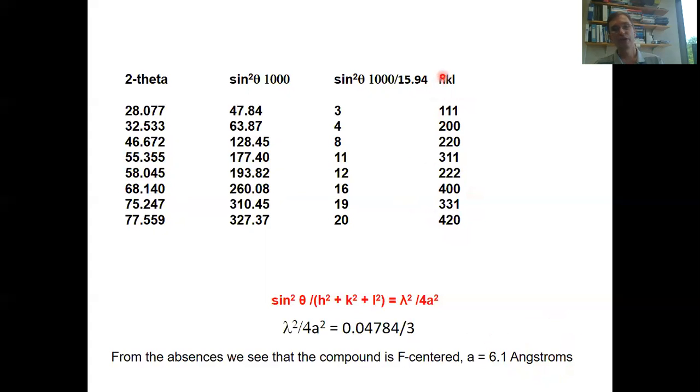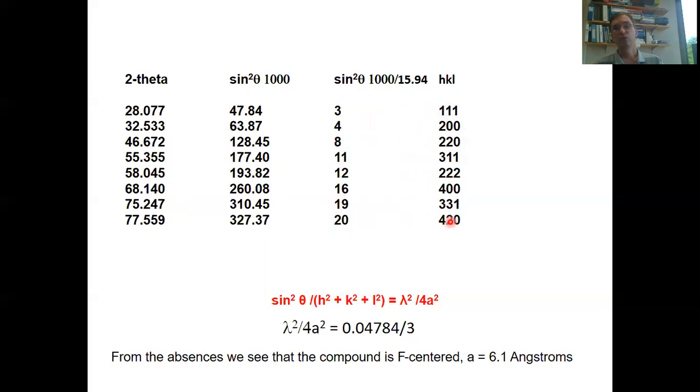So now we can determine the HKL values from these integer numbers. The integer number of 3 can only be explained by h equal to 1, k equal to 1, l equal to 1. 4 must be associated with 2, 0, 0. 8 must be associated with 2, 2, 0. 11 by 3, 1, 1. 12 by 2, 2, 2. 16 by 4, 0, 0. 19 by 3, 3, 1.